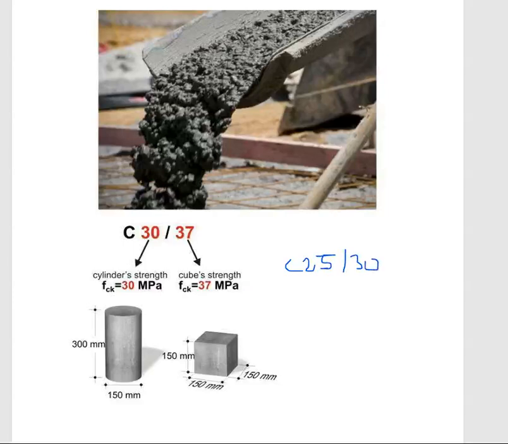Here you can see the first number is the strength from the cylindrical test, and the second number is the strength from the cube test. So the 25 megapascal is the cylindrical strength at 28 days, and the 30 megapascal is the cube strength at 28 days.